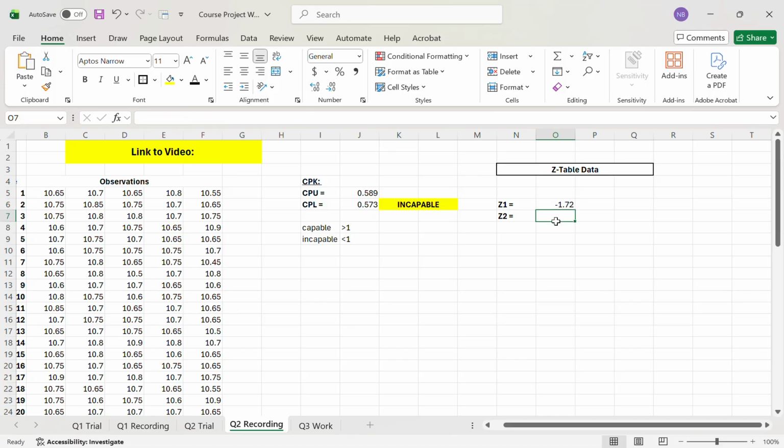For Z2, very similar here. We're going to do the upper specification limit minus the x bar, or the average, divided by the standard deviation.